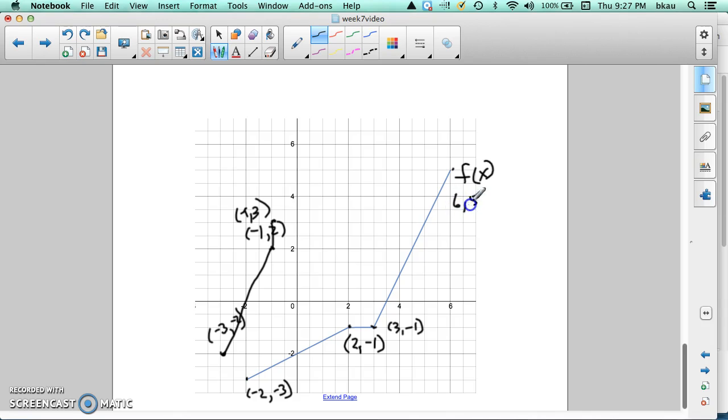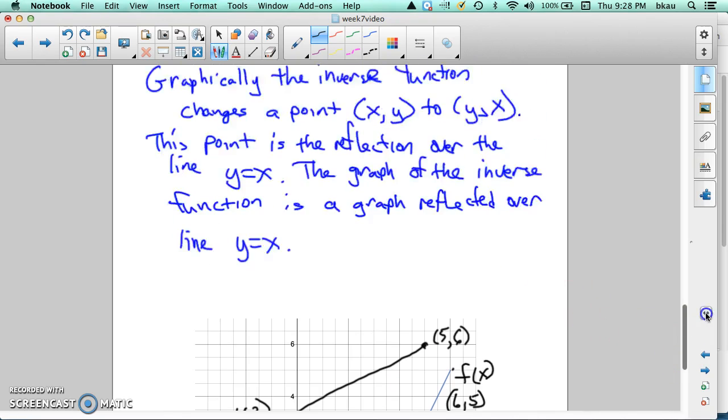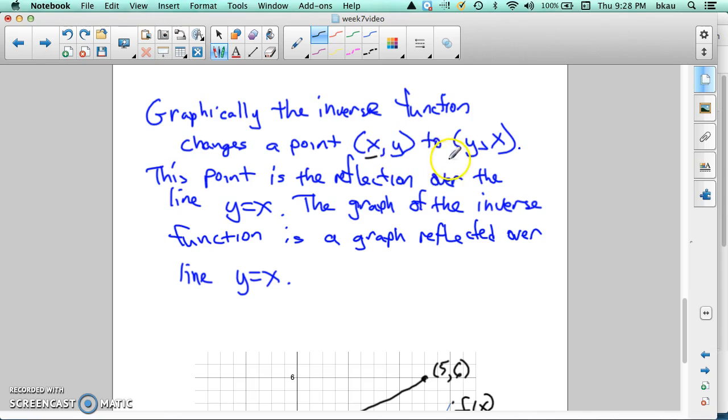So that means we're going to go to 5, 6. So we'll end up right here at 5, 6. So this one's going to travel from here to there. So this is our inverse graph using the relationship that our inverses switch the x's to y's and the y's to x's.